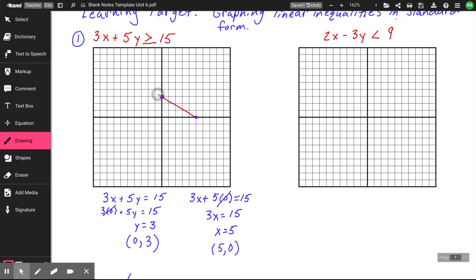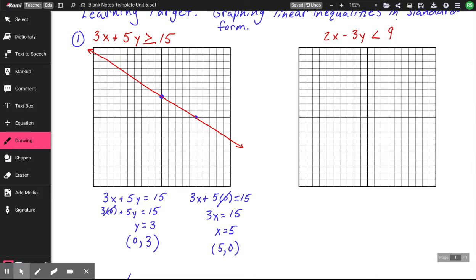Now, when I take a look at my inequality, it was 3x plus 5y is greater than or equal to 15. Remember, greater than or equal to, we use a solid line. Now, the other day when it was in slope-intercept form, it was easy to just decide whether we shaded above or below because we only had our y on one side of the equation, so we just had to decide greater than or less than.